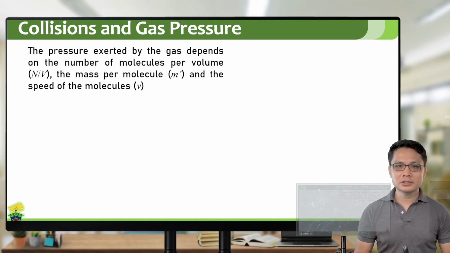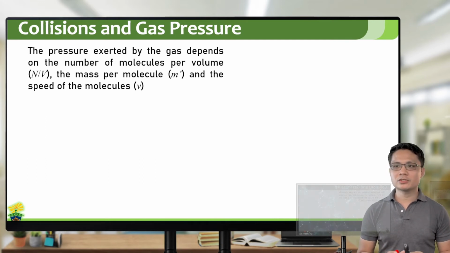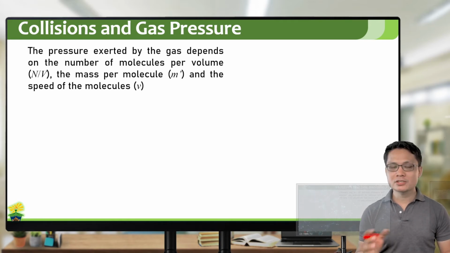The pressure exerted as these particles hit the wall of the idealized container depends on the number of individual molecules or particles inside a specific volume, the mass of these particles or molecules, and of course on the speed of these particles.